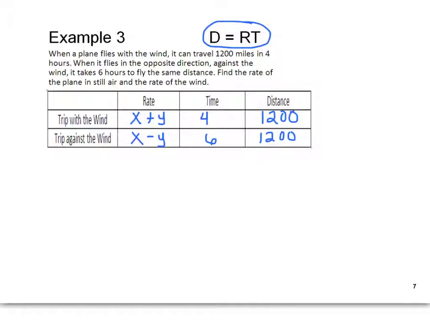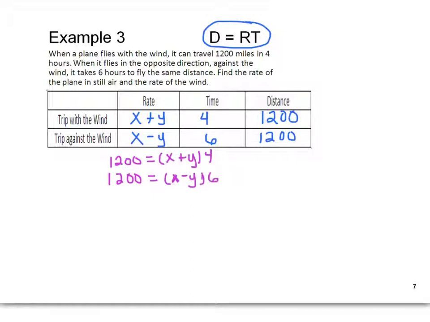Now, since distance equals rate times time, I can set this up and say distance, which is 1200, equals our rate, which is x plus y, times time. That's the one with the wind. And then against the wind, we have x minus y times 6.